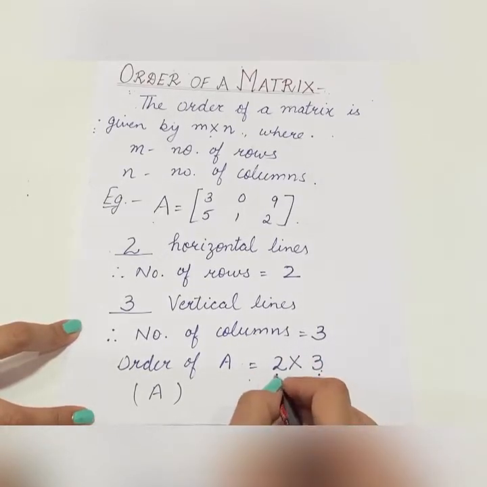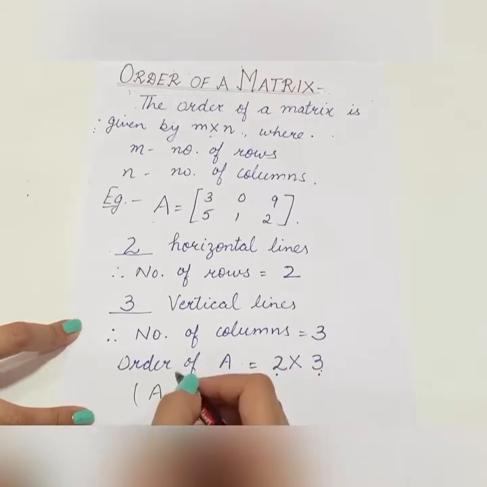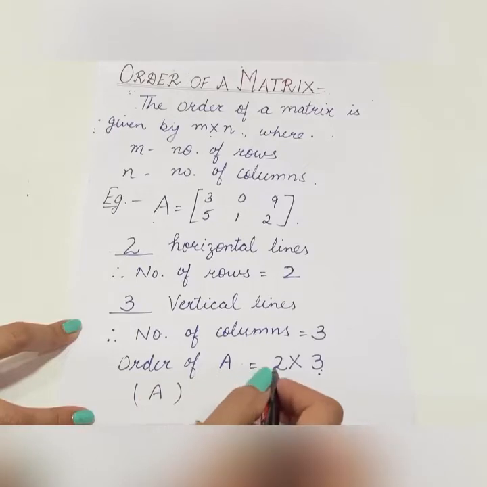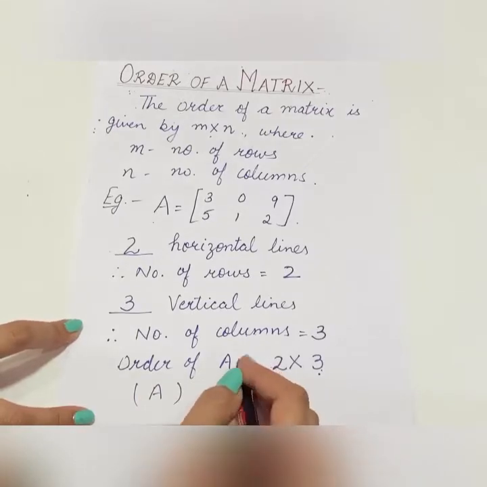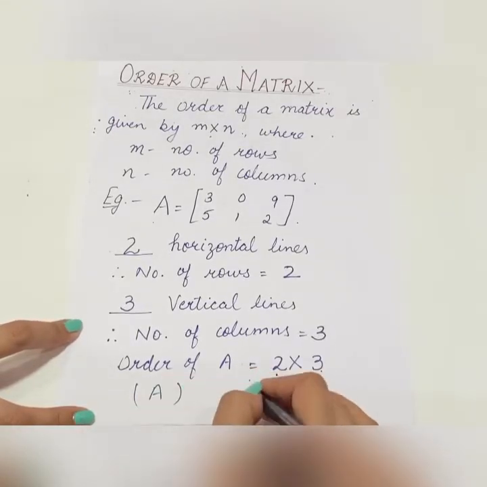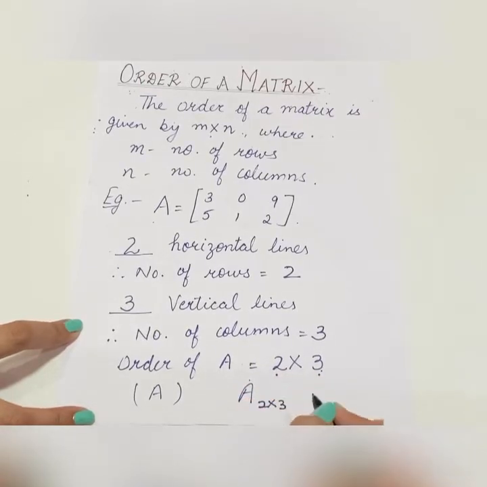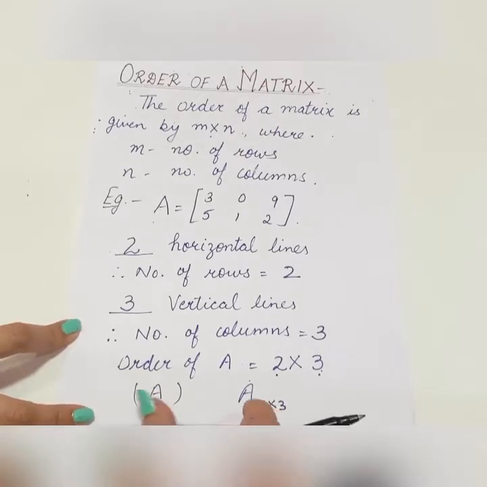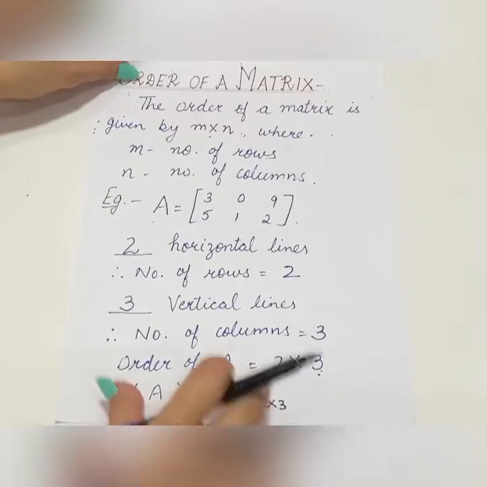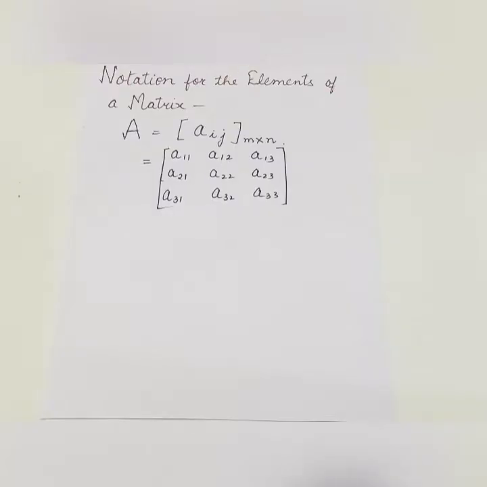Always remember, first we write the number of rows, then we write the number of columns. The order of matrix A is 2 cross 3, and it is also written as A with the subscript 2 by 3 written. So this represents that matrix A has order 2 by 3. Clear? So this is the first term, that is the order of a matrix.